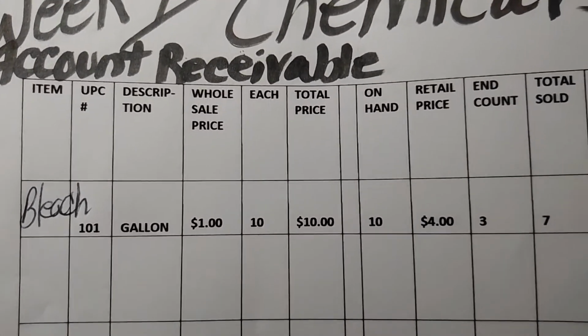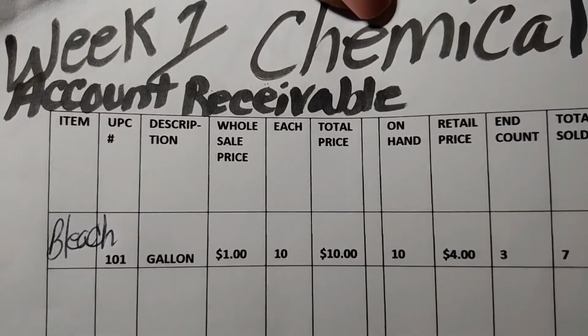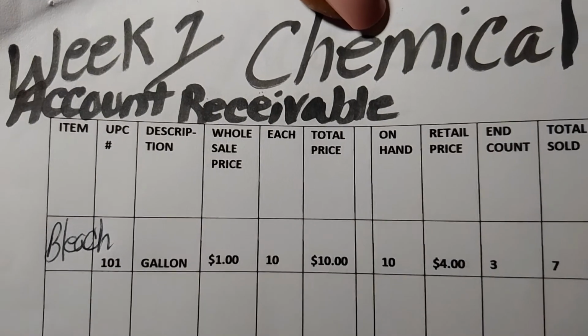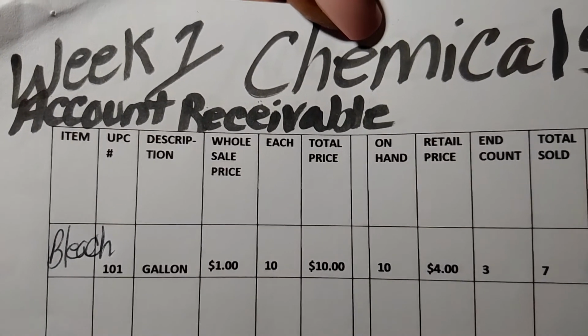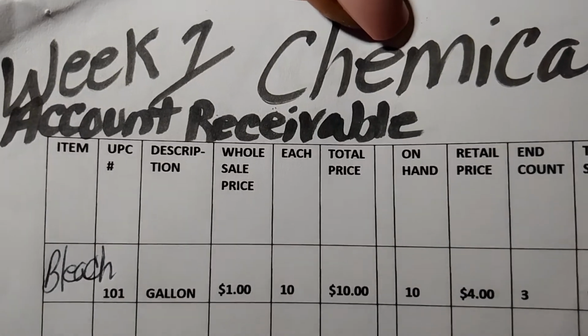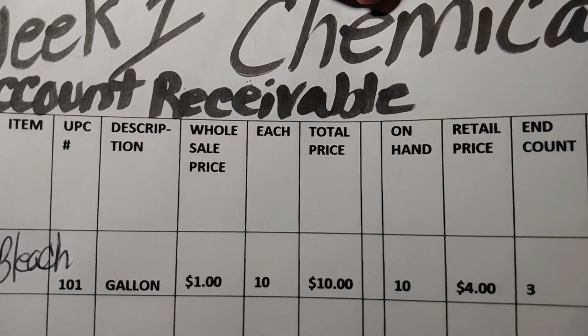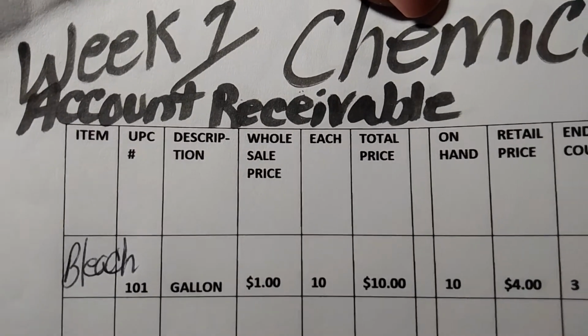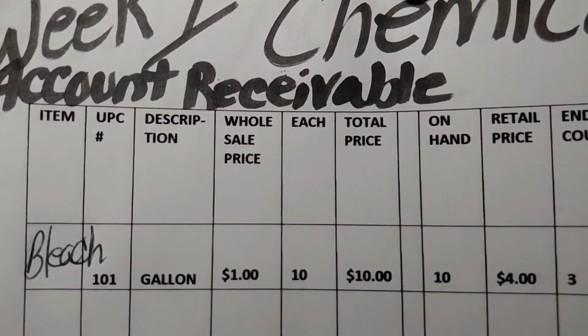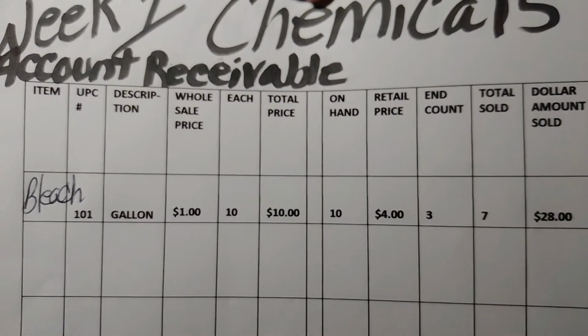And whatever a vendor or a delivery person gives you, you have to put it on this sheet of paper. And when you put it on this sheet of paper, it's automatically called accounts receivable, because this is letting you know what you ordered, how much you ordered, and how much money you spent on it, okay?